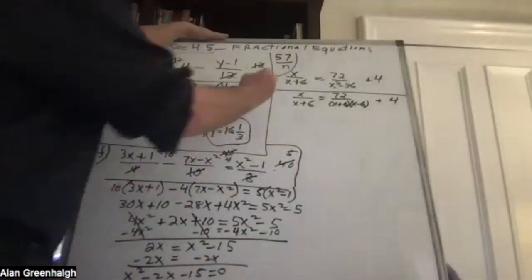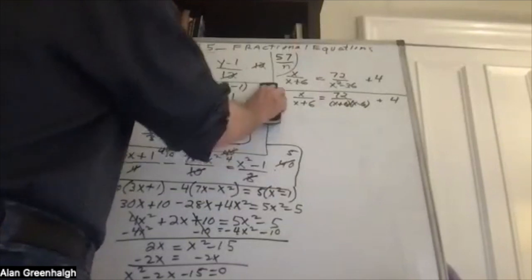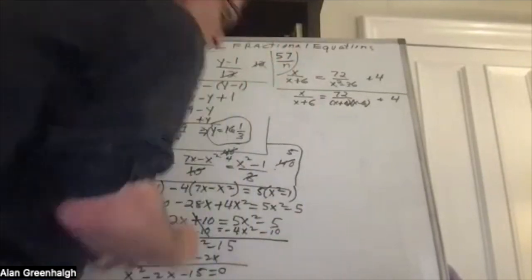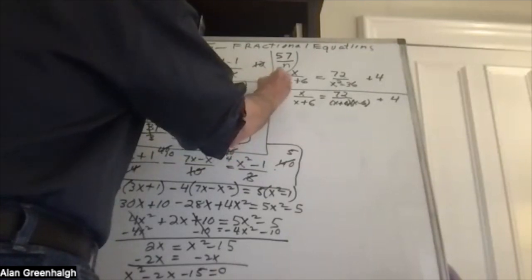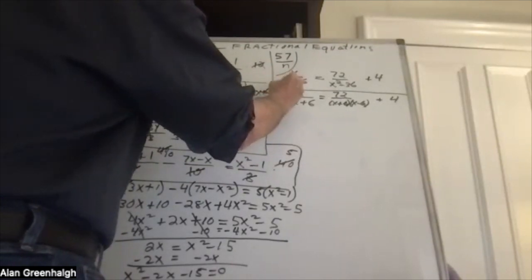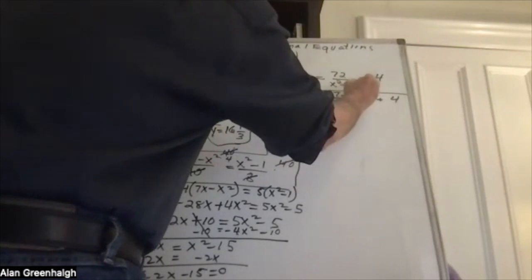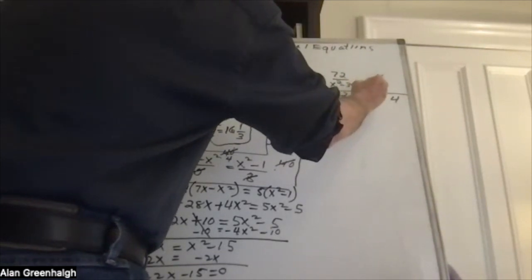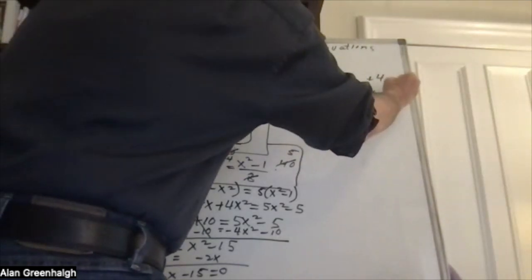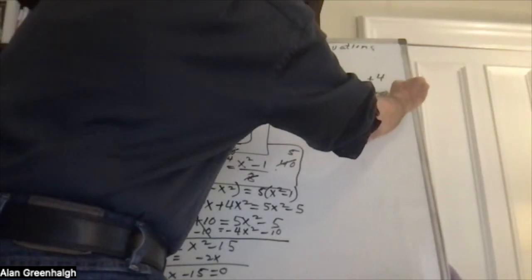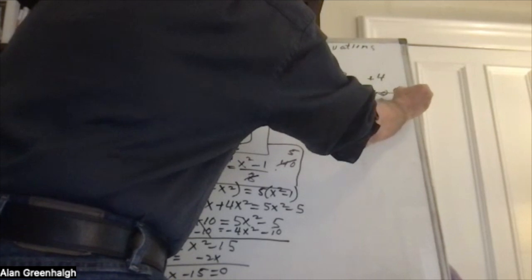So the common denominator will obviously be x plus 6 times x minus 6. And here, x plus 6 times x minus 6. And here, x plus 6 times x minus 6.